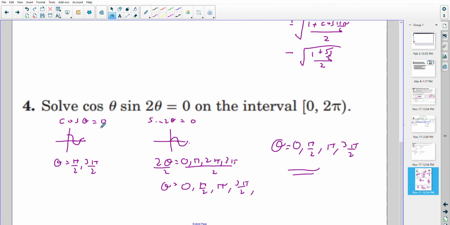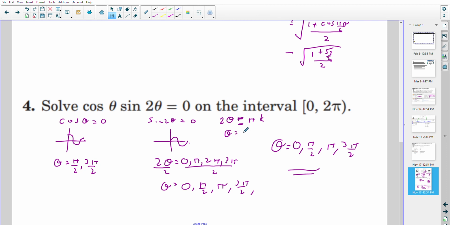So solving equations, you can solve for a multiple angle by setting the multiple angle equal to the options and then solving for the cases. Now, one other part that you could do, a little bit cleaner method, would be you could say 2 theta is equal to, and then see the pattern that it's going to be pi k, where k is an integer.